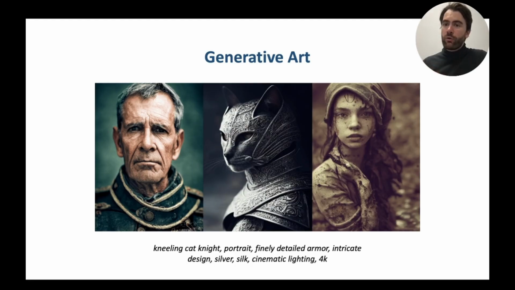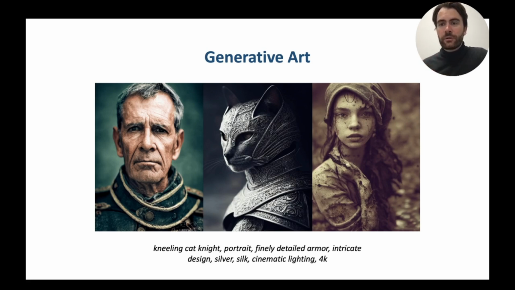Now, especially over the last 12 to 18 months, the field has progressed immensely, and current models are able to produce extremely sophisticated, artistically compelling images like the ones you see here.